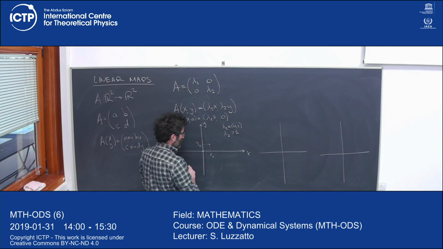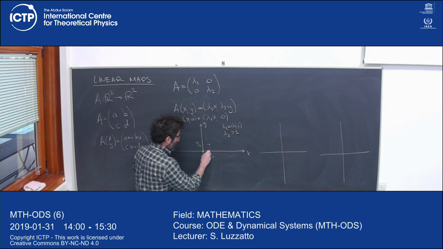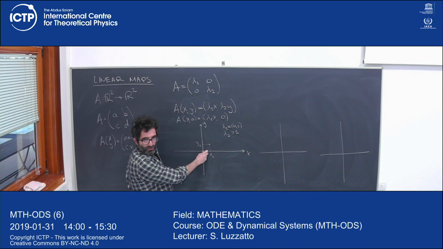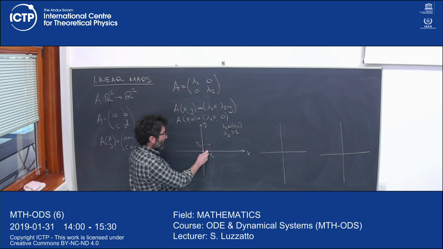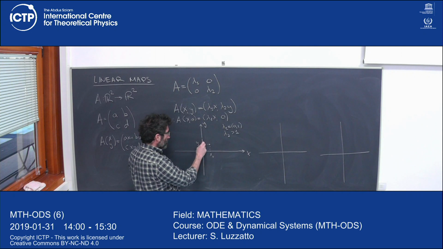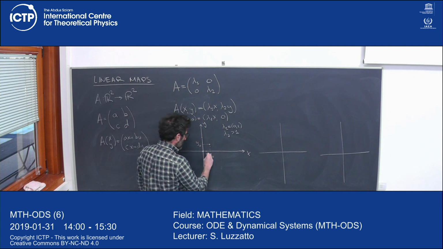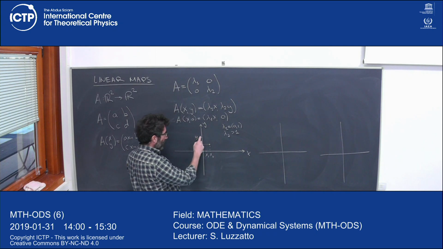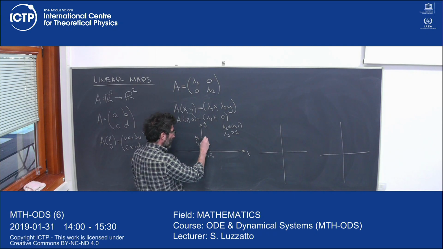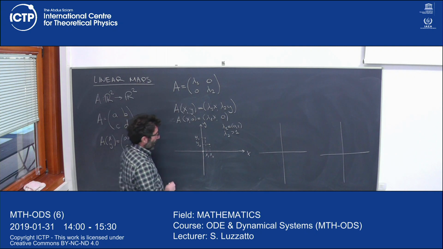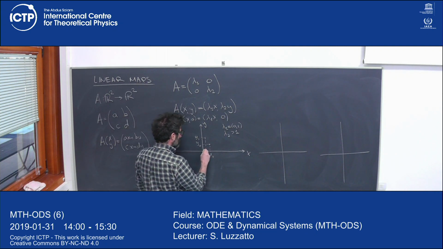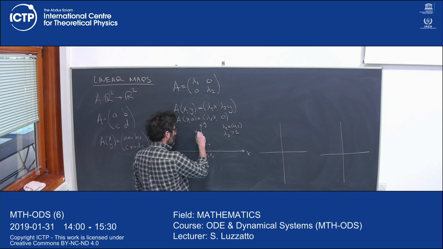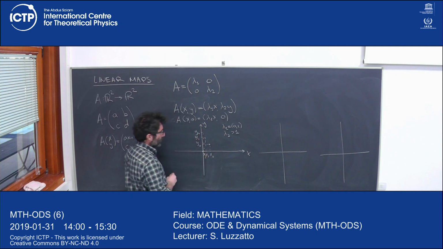Since lambda 1 is between 0 and 1, x1 is converging to 0, right? But lambda 2 is bigger than 1, so y is increasing. So here is x1, here is y1, multiplied by lambda 1 and lambda 2, and the point is here, and then you have some point x2, y2 here.